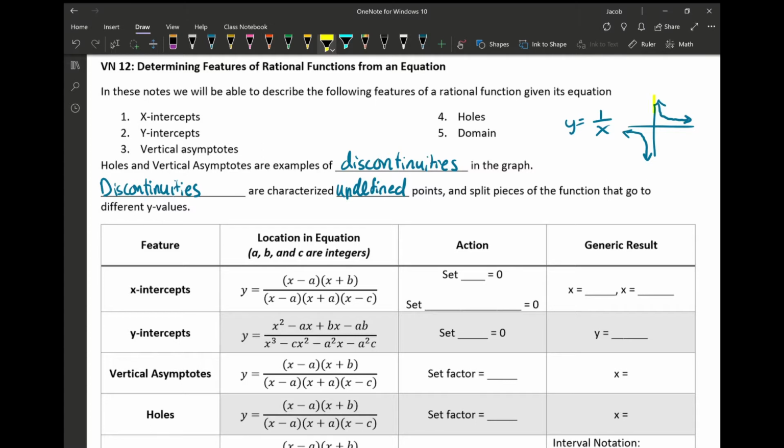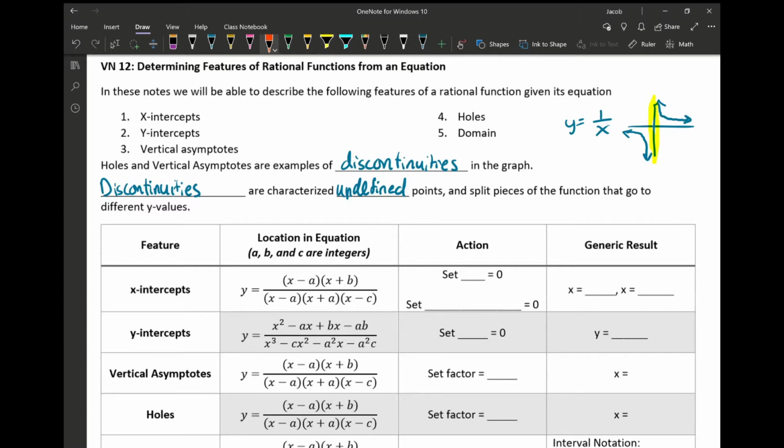And the graph is split in two, and the y values of that graph go to two separate ends of infinity. The top goes to positive infinity with its y values, and on the left side of 0, the y values go to negative infinity. So that is a prime example of a discontinuity.